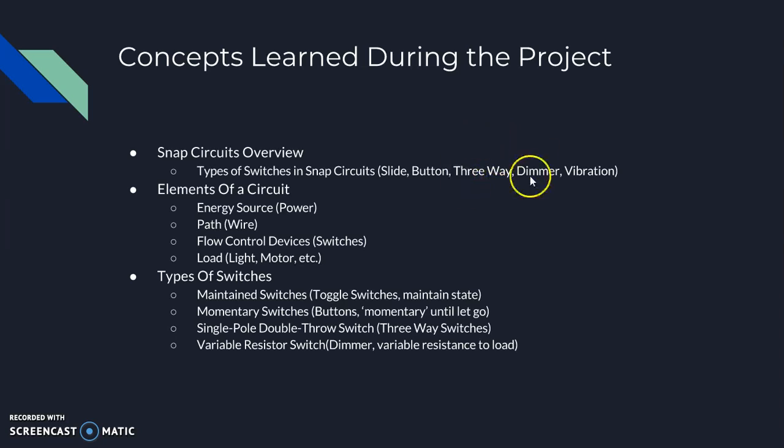The three-way was a new one, where there's one input, and depending on which way you flick it, there are two outputs. Then there's the dimmer switch, which controls the resistance being sent to the circuit. Then a vibration switch, which we didn't really touch on in this project, but essentially it is controlled by the amount of vibration that it senses.